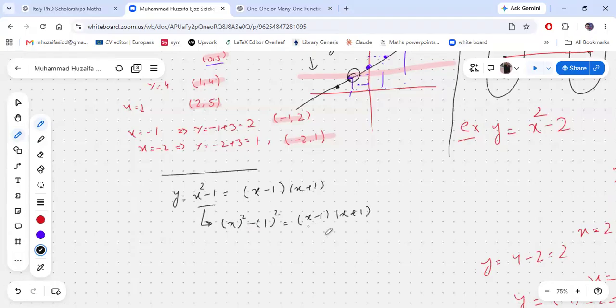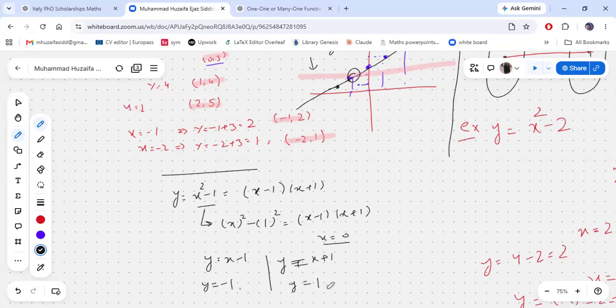When we put a single input, suppose x = 0, from this y = x - 1 gives -1 and y = x + 1 gives +1.